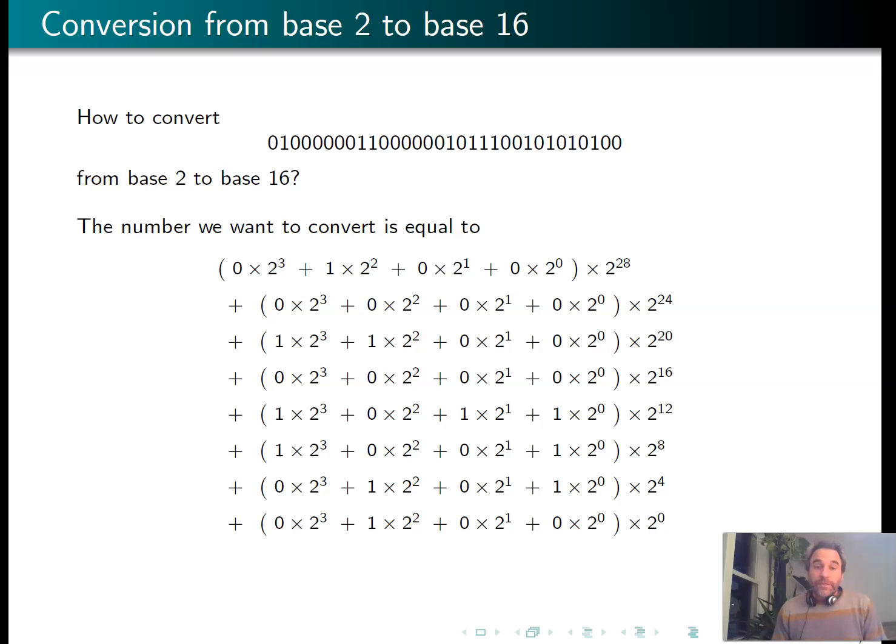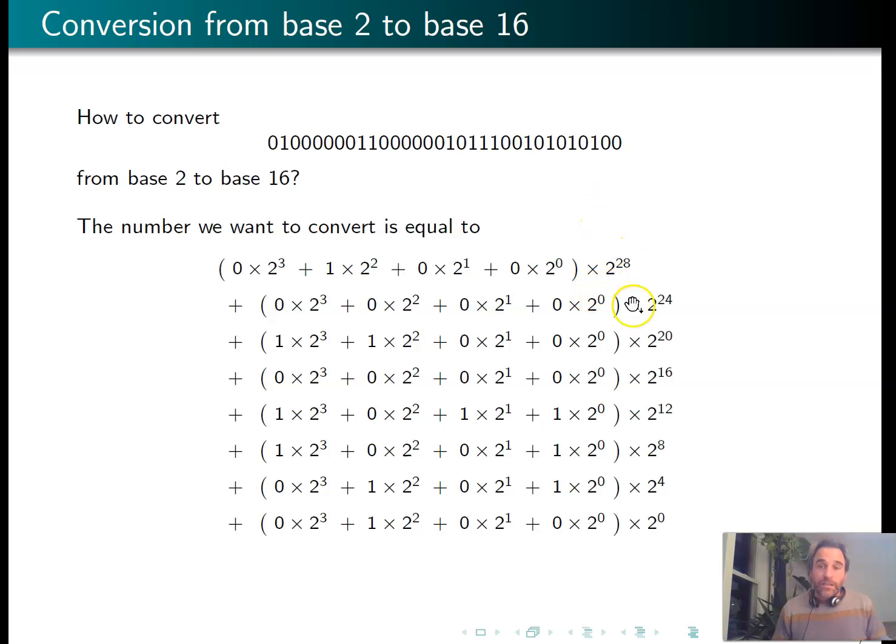Each time, I can isolate 2 to the power whatever, so that within the parentheses I always have a number that multiplies 2 to the power 3, 2, 1, 0. So here, 2 to the power 3 times 2 to the power 28: 3 plus 28 gives 31. And here 3 plus 24 gives 27.